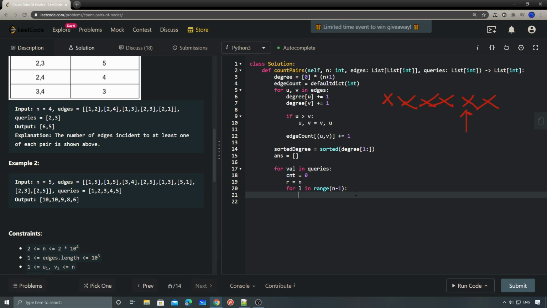And then I would basically try to shrink the right pointer as much as possible.